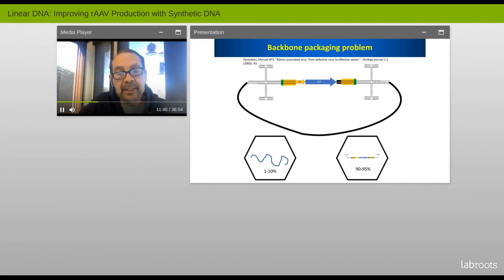And you can see we get anywhere between 1 to 10% of the plasmid backbone being packaged as a contaminant. Now, if you follow the logic behind the cis-acting sequence, or these terminal repeats being responsible for packaging, you have to scratch your head and say, why is the plasmid being packaged at any level?